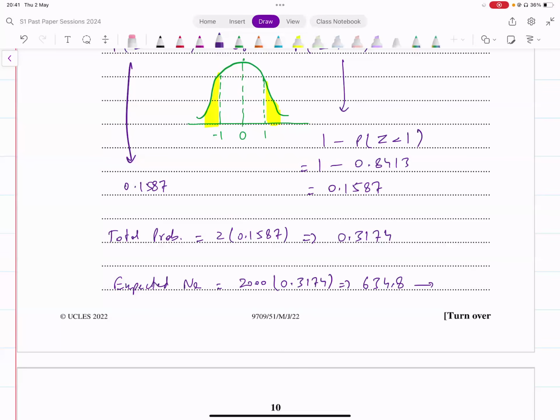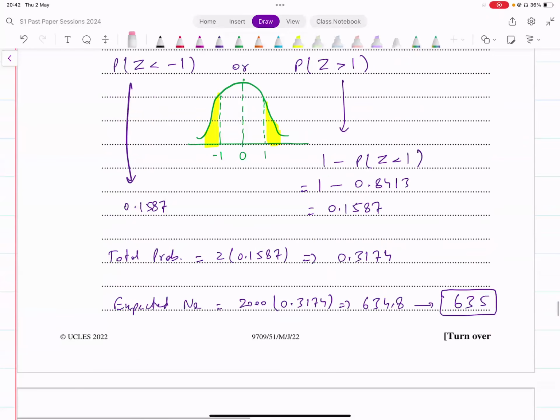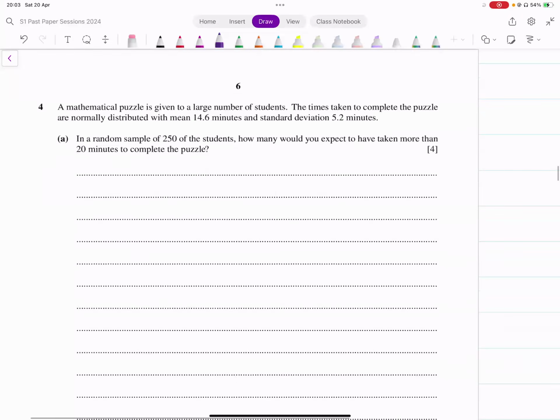But since we're talking about number of leaves, that has to be an integer. We can't write a decimal here. Let's round it off, and it becomes 635. Right? They're saying how many leaves would the scientist expect to find with these lengths out of 2,000? So we say 635, and that's our final answer. Let's look at the next one now.